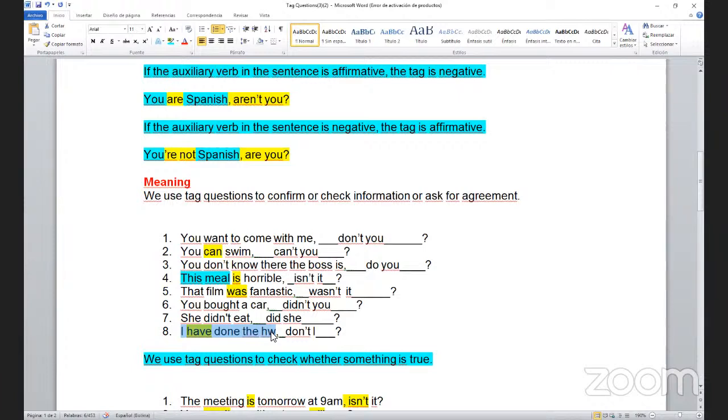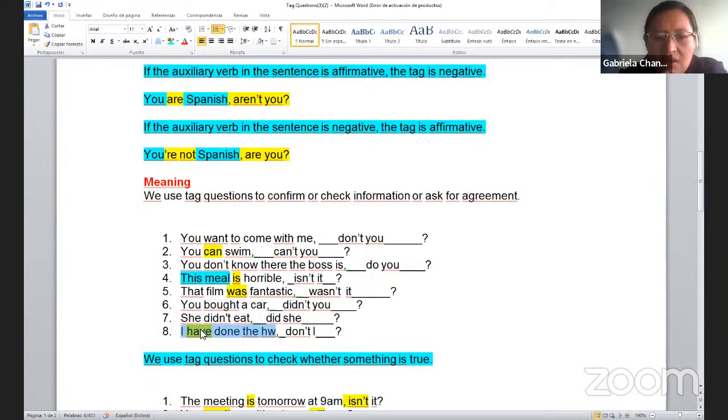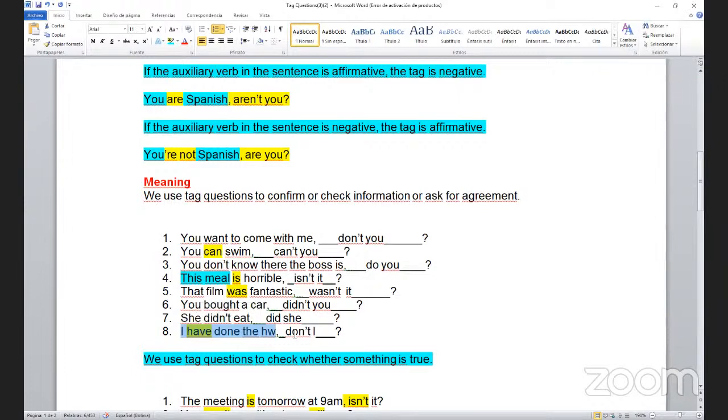Remember when we had have and has as auxiliaries. Haven't I? Yes, haven't. Because we always have to see the verb that we are using after. It could be present if I just have the complement, I have the homework. So this is the tag question.